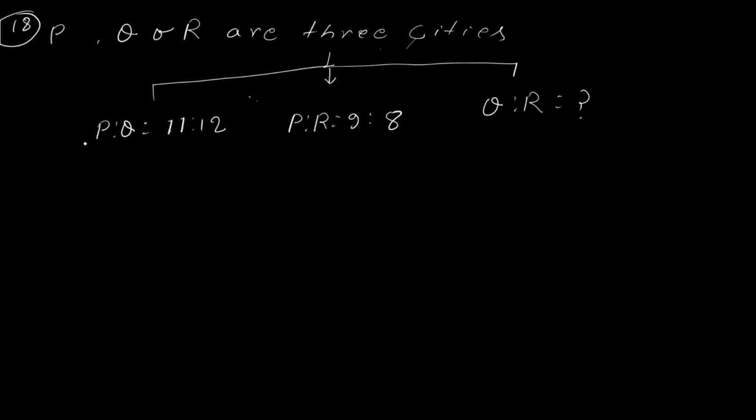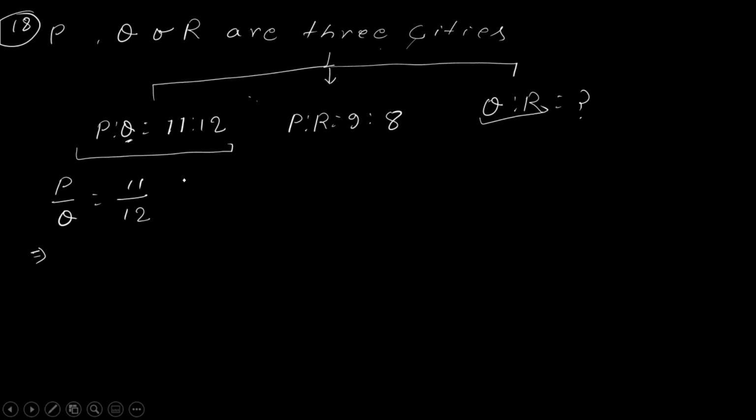So let's start first of all from this only. P by Q equal to 11 by 12. Now see here, out of these ratios, which city is being used here for this Q and R? City Q is being used, so Q's value we have to find out.